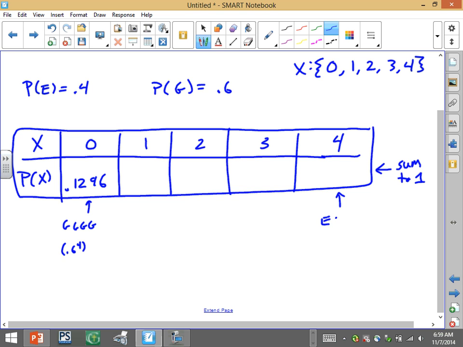Well, there's only one way to get electric, electric, electric, electric, which would be 0.4 times 0.4 times 0.4 times 0.4, which is 0.0256. So more people prefer gas, as you can see right there. There's a higher chance we get 4 gas customers, about a 13% chance, versus about a 2.5% chance that we get all electric.